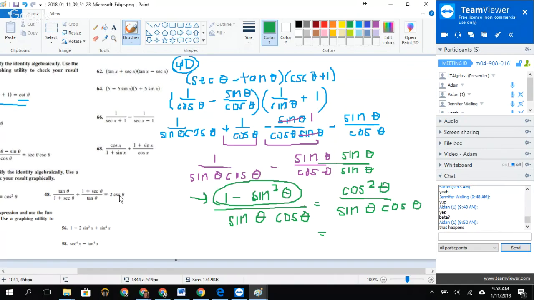So I have a cosine squared of theta in the numerator, and a single cosine in the denominator. So those are going to cancel out like that. And I'm going to end up with the cosine of theta over the sine of theta, which is another way to write the cotangent of theta. So all that, and way back up here, we said that expression equals the cotangent of theta. That was fun, huh?